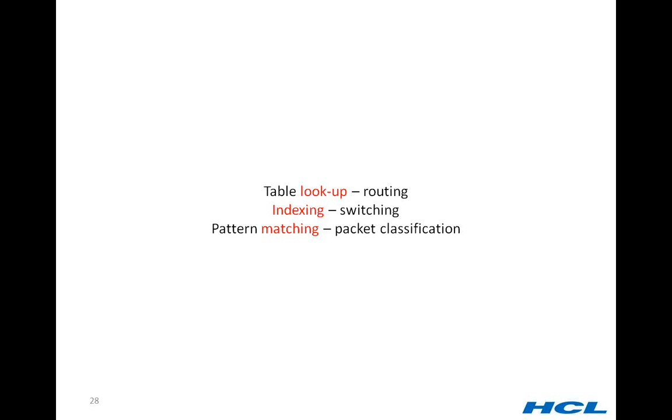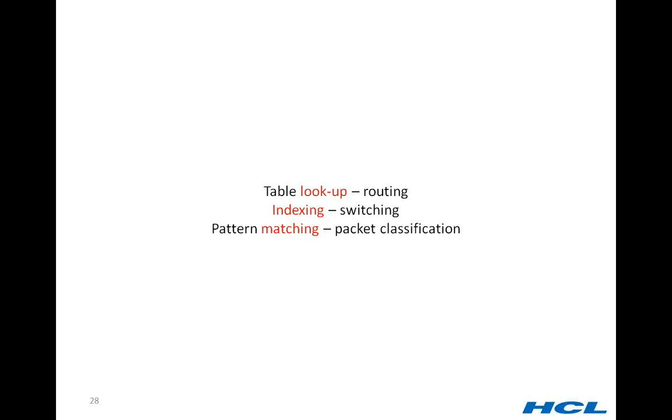Let's say if it is going to be a router, there should be powerful routines or structures made available for table lookups, because it's all about the destination route lookup, right? The moment the packet comes in, you have to figure out to what destination it goes. Do I have a route for it? So I have to search for it. With the internet growing at an exponential rate, these routing tables are growing larger.